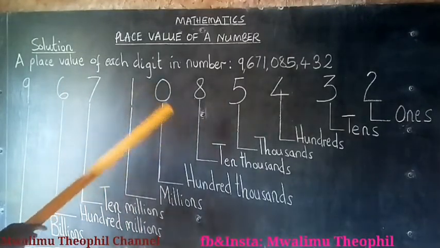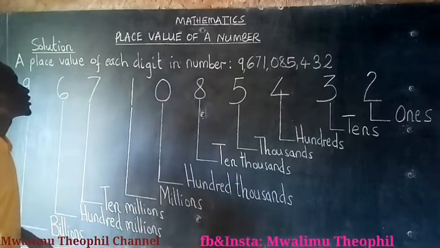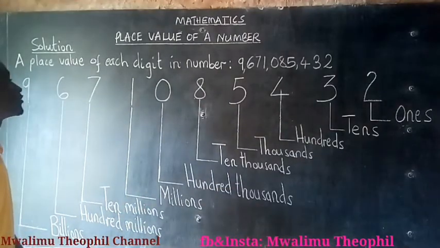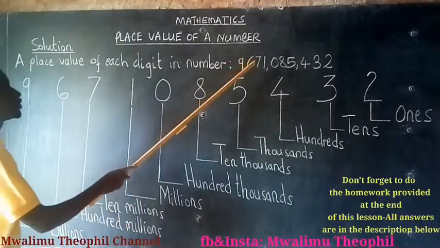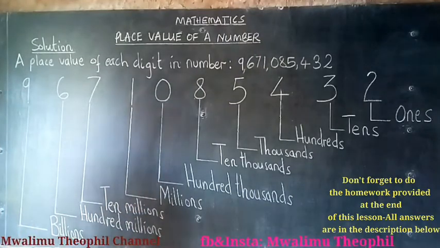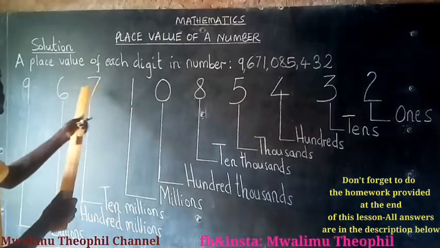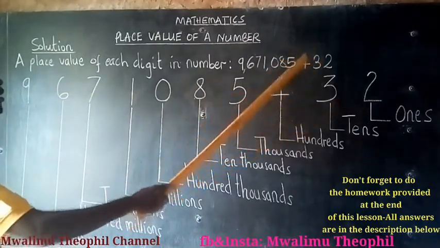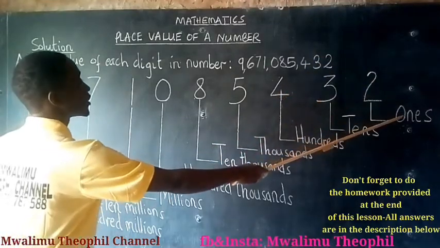We are given the number 9,671,085,432, and we write each digit in its respective place value. Now you can see I have expanded the digits. As you can see here, the last digit is what we call ones.